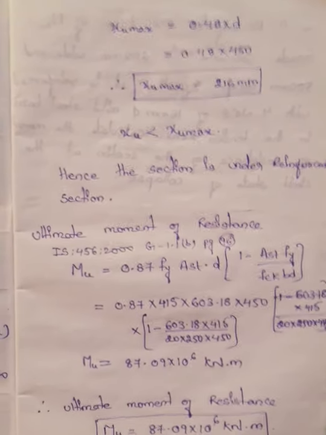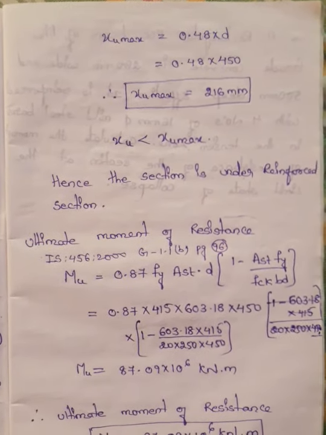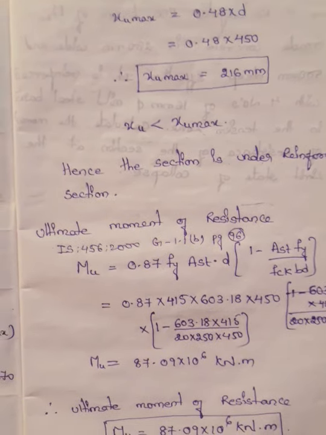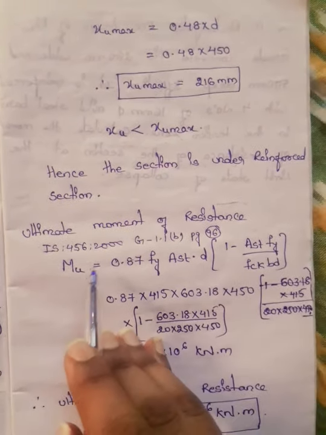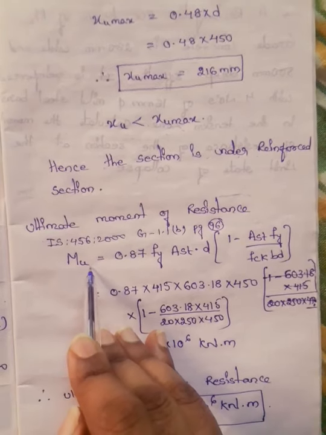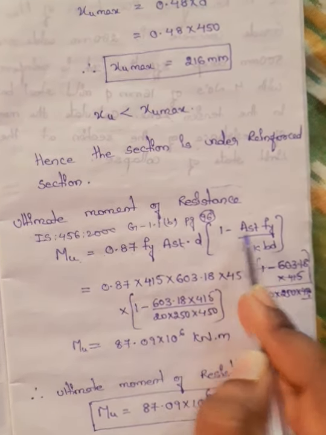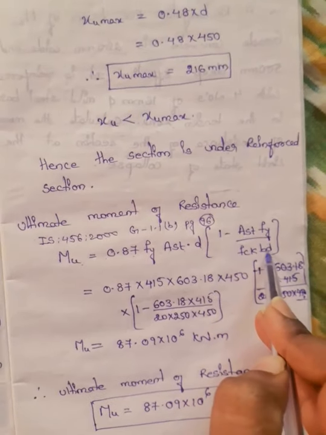Now we know whether it is under reinforced or over reinforced, right? So now what we need to calculate? We need to calculate the ultimate moment of resistance. The ultimate moment of resistance Mu is given by 0.87 fy Ast d into (1 minus Ast fy / (fck b d)).